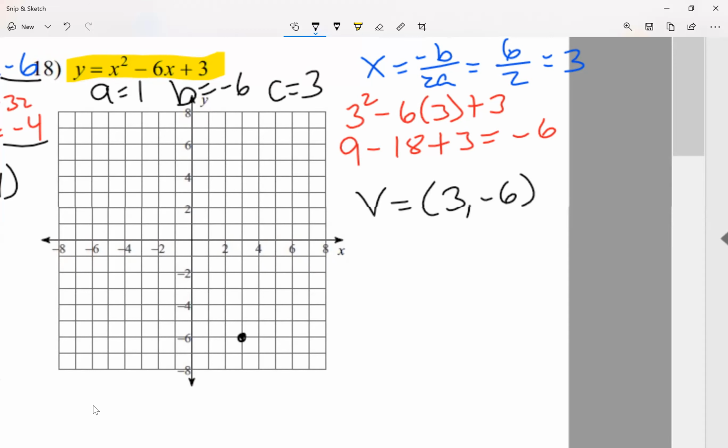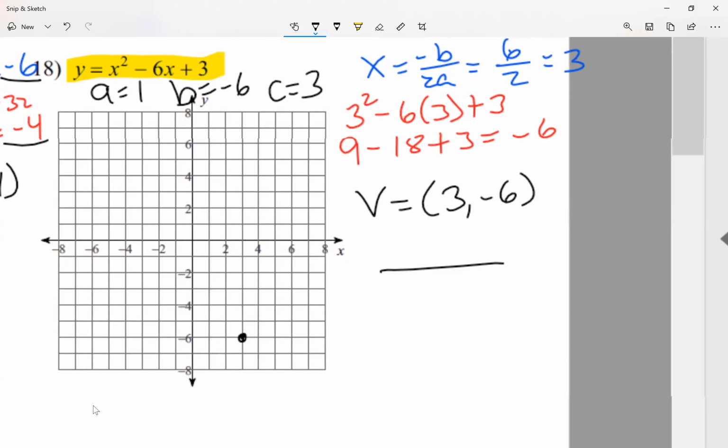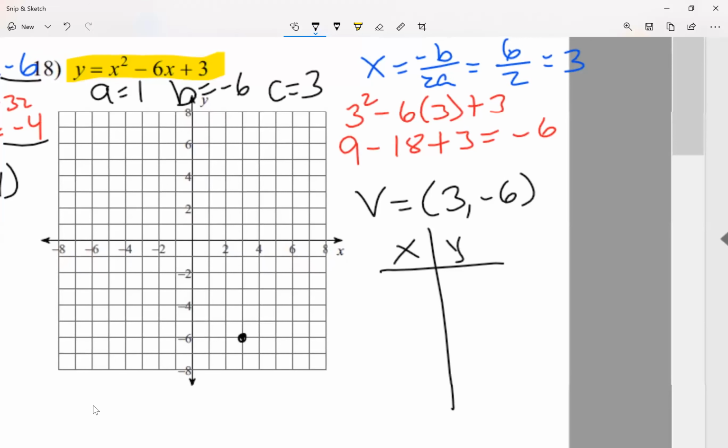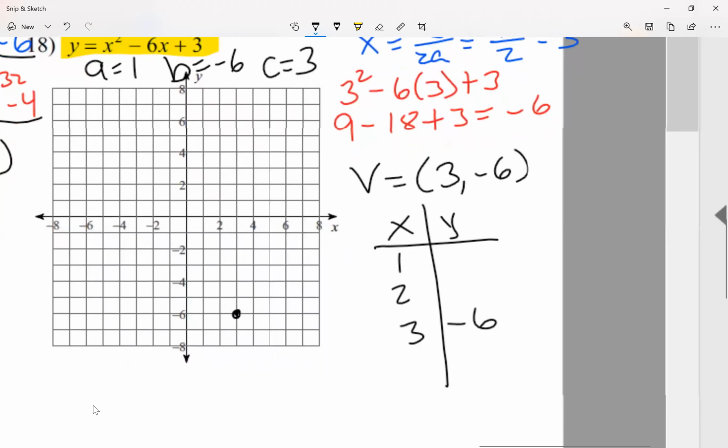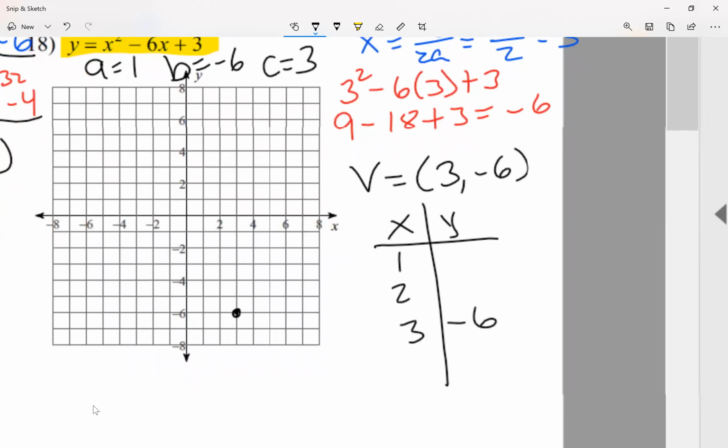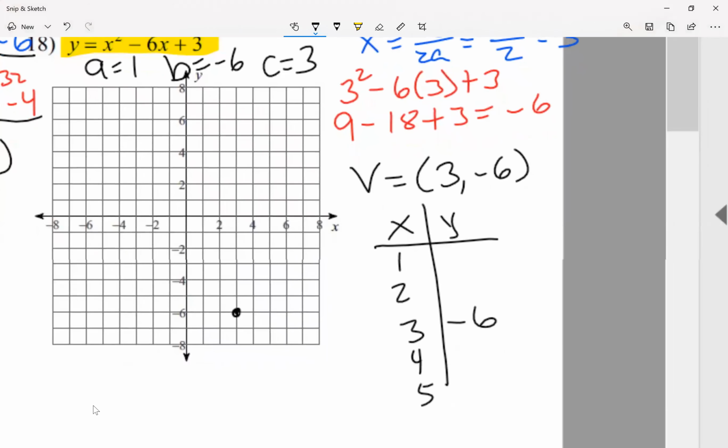Now I need a few more points. I'm going to create a chart of x and y values, and I'm going to put my vertex in the center, 3, -6. For smaller numbers than 3, looking at the x value, 2 smaller numbers than 3, I'm going to choose 2 and 1. 2 bigger numbers than 3, I'm going to choose 4 and 5.